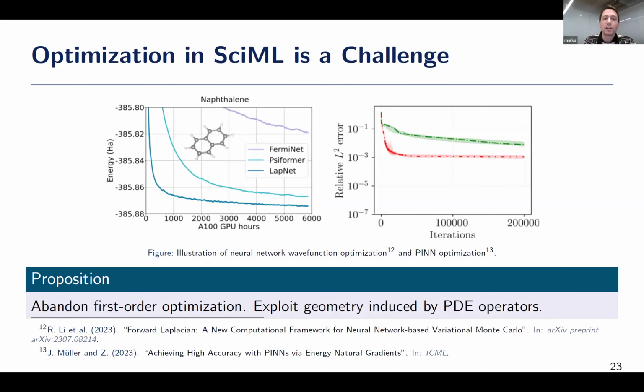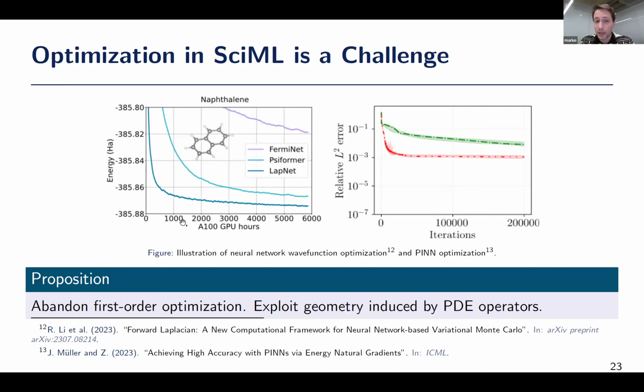And to substantiate this claim, I have here two pictures. One is from the paper of Li et al., the forward Laplacian paper, which recently is a preprint at this stage, I think, where the goal is to solve the many-electron Schrödinger equation, in this case for naphthalene.